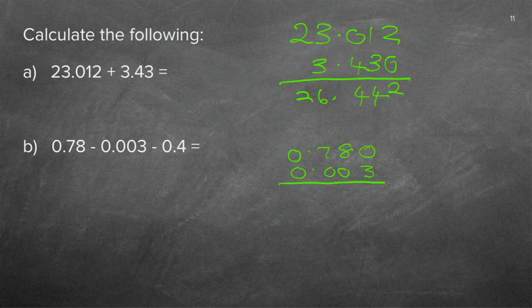So if we subtract this, we get 3 times 10 is 777. Am I correct? 777. And now we have to take off 0.4 and we're going to add zeros to make it easier for us. So it is 773. So our answer is 0.377. Cool.